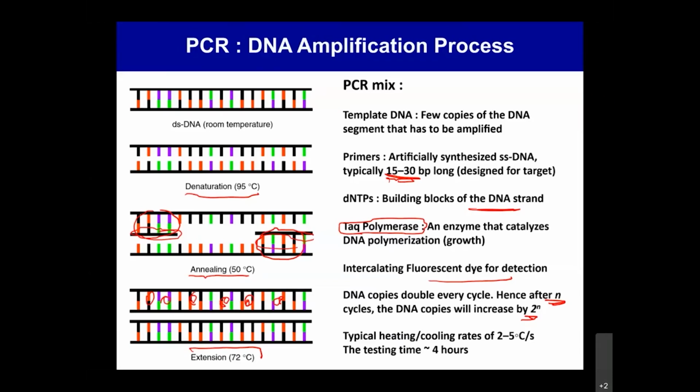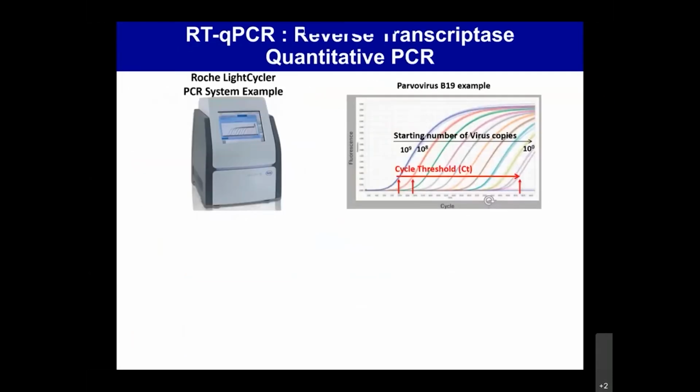So a typical RT qPCR equipment looks, and there is what is called a threshold cycle. You need to reach certain number of cycles. On x-axis you have cycles, on y-axis you have fluorescence intensity. Unless you reach certain number of cycles, if you have fewer copies to begin with, you need to go to larger number of cycles to get the threshold of the fluorescence.